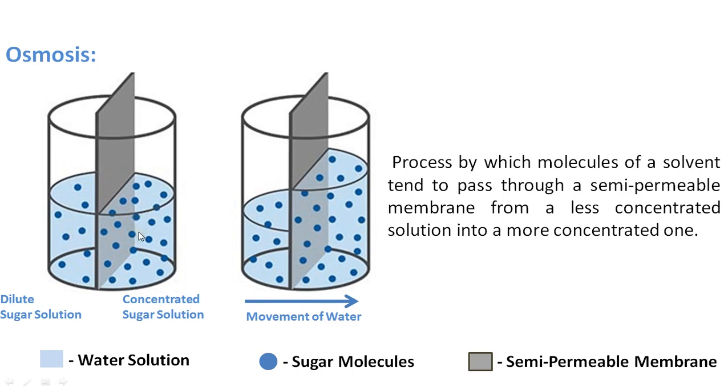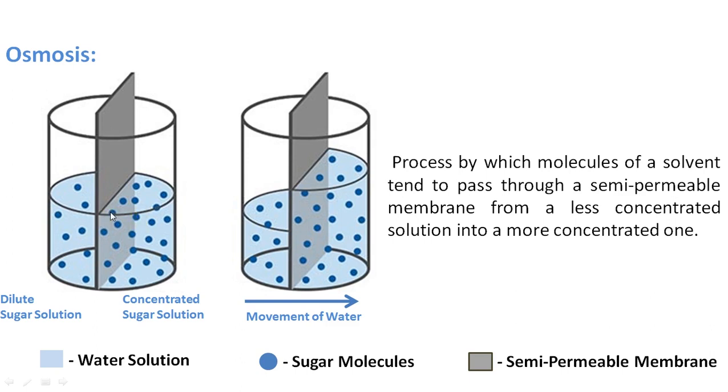On the right side the number of sugar molecules is high, meaning its concentration is high. The osmosis process is defined as the solvent tending to pass through the semi-permeable membrane from the low concentration side, that is the left side, to the high concentration side, that is the right side.